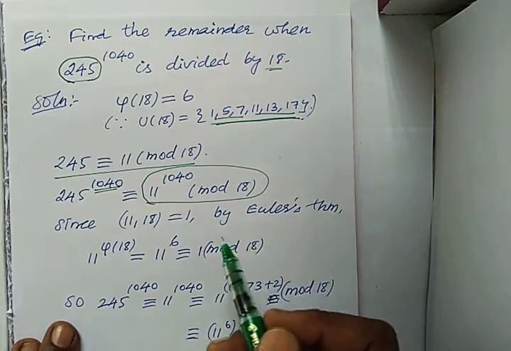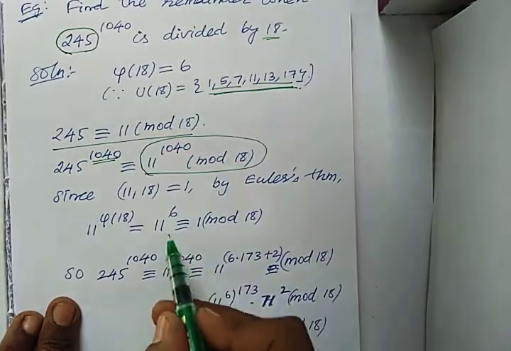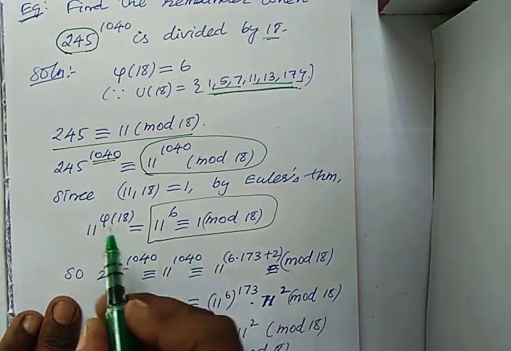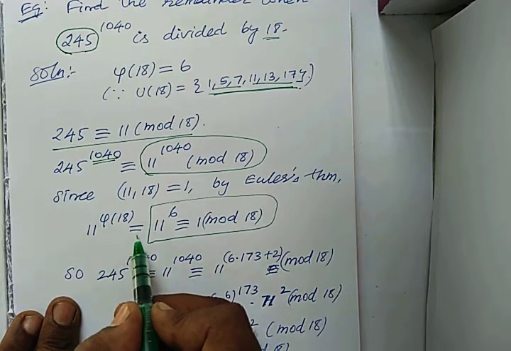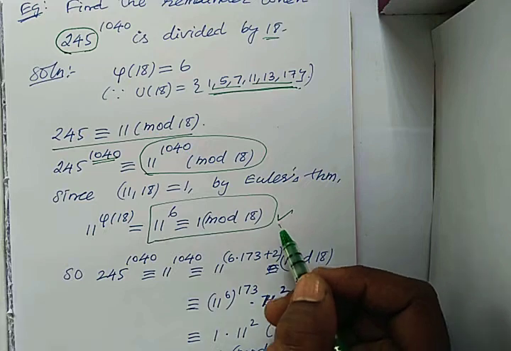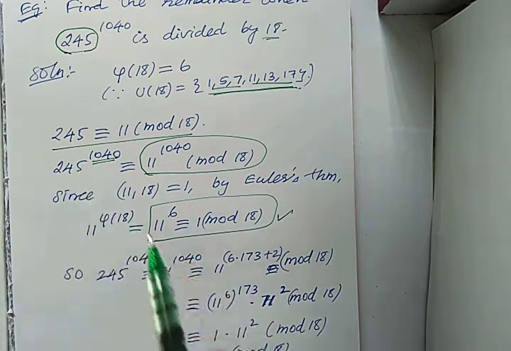So by Euler's theorem, 11 to the power phi of 18 is congruent to 1 mod 18, that is, 11 to the power 6 is congruent to 1 mod 18. We need to find this one modulo 18.